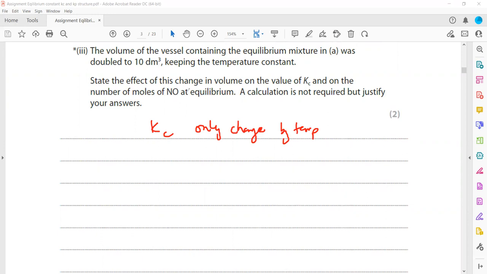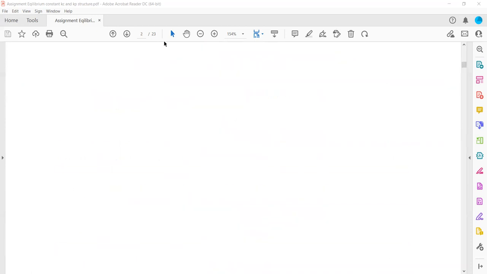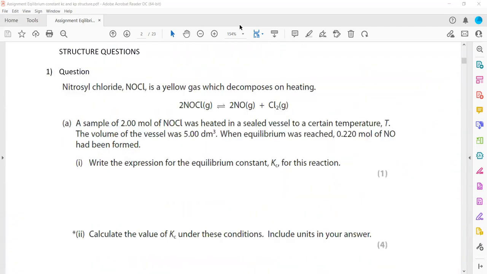And what happened to the concentration of NO, the moles of NO? Because if we increase the volume, it means we reduce the pressure, and if we decrease the pressure, equilibrium will shift towards the side where more moles of gas are there. So when we check the total number of moles of the gas, on the reactant side we have 2 moles, and the product side 2 plus 1, 3 moles.